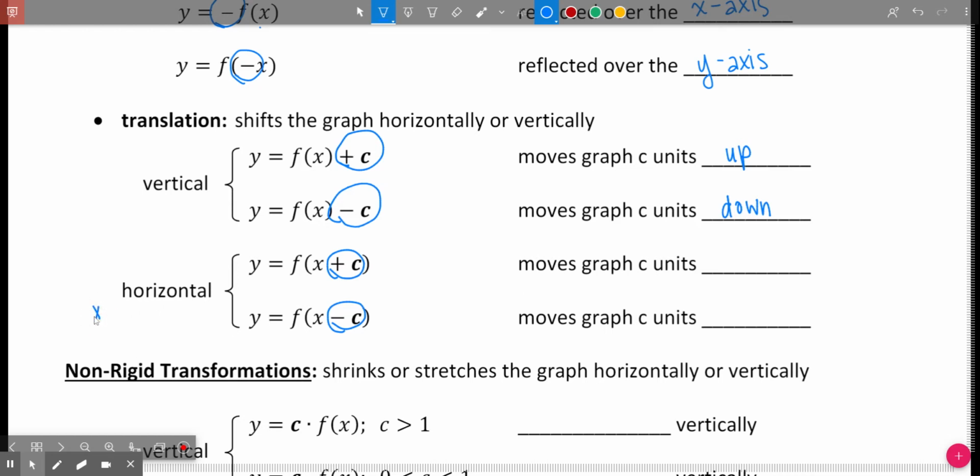And horizontal shifts are different because they move in the opposite direction of what the sign tells you. So when I add inside the function, I'm actually moving left. And when I subtract inside the function, I'm moving right.